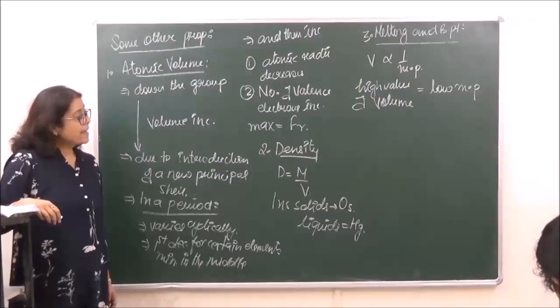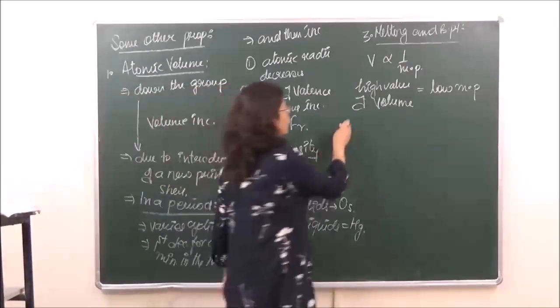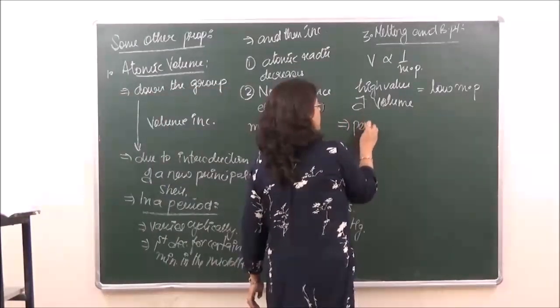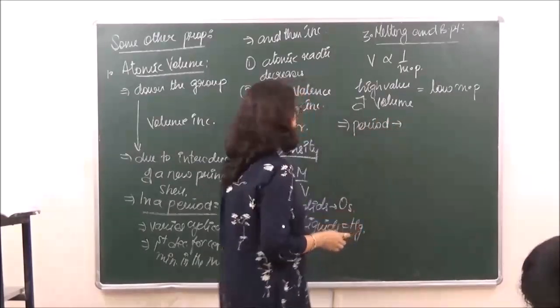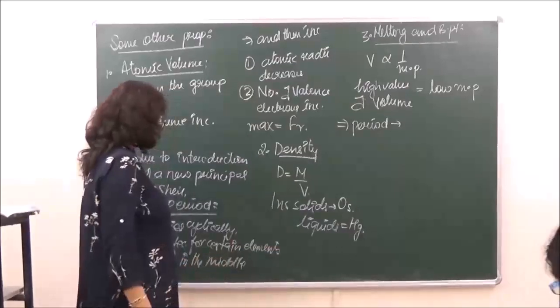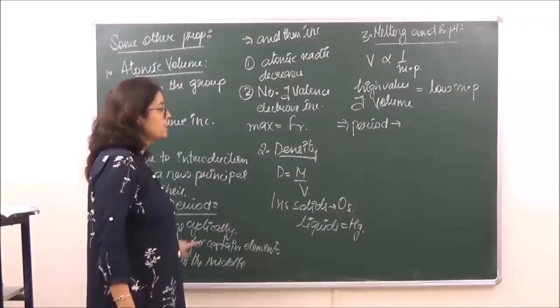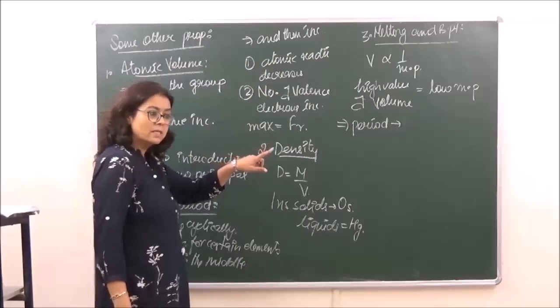Right? Now, in case of a period, the melting point, because what is happening to volume? Come back here. It decreases. So if it is decreasing, the melting points will increase. Okay.